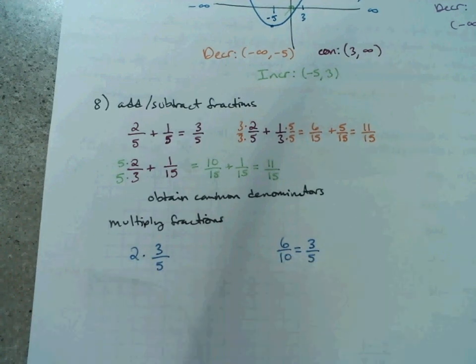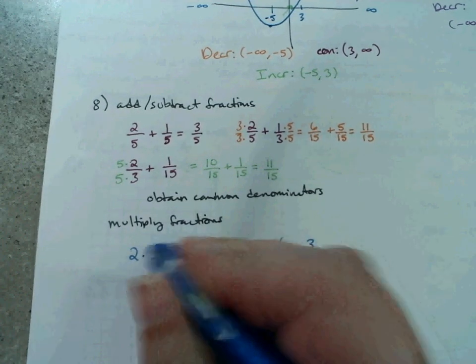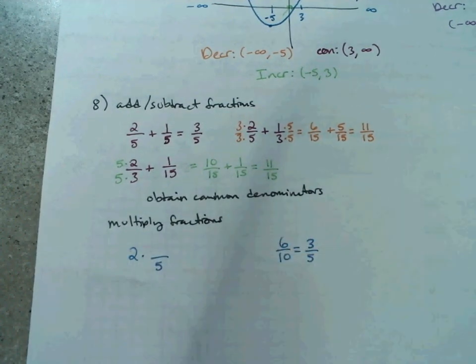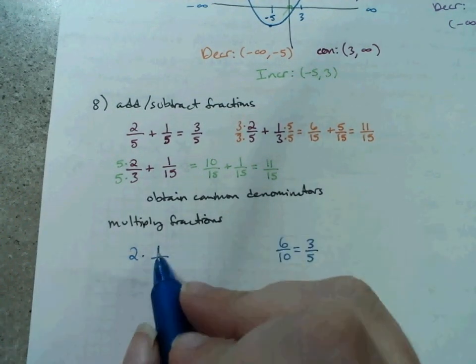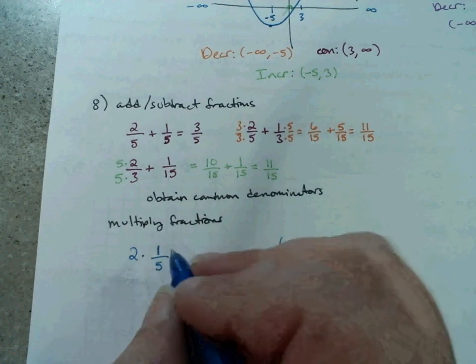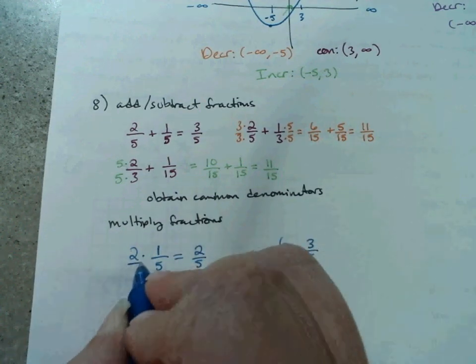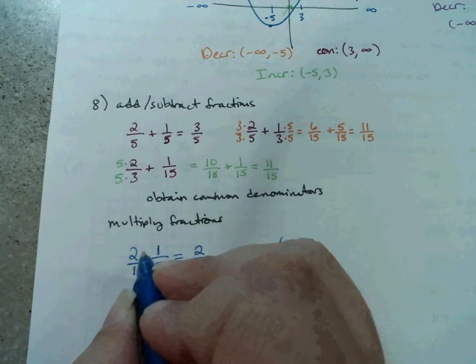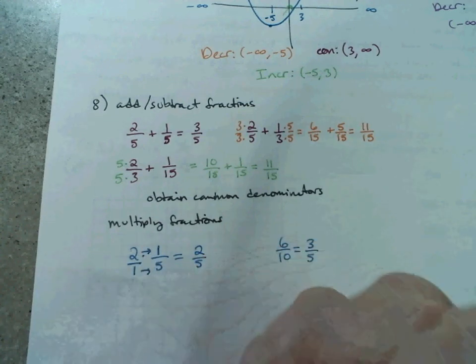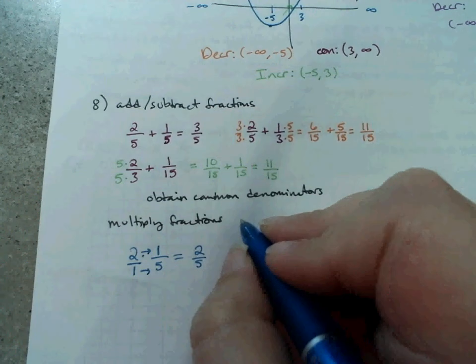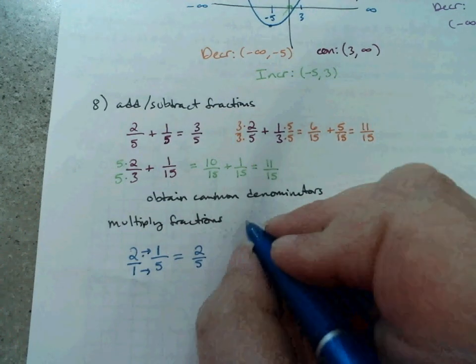So in fact, when you multiply 3 out of 5, well, I'm going to change that to 1 out of 5, just to make it a little easier to understand. If I had 1/5 of something and then I doubled that, then I should have 2/5 of it, right? Which is why you actually multiply by 2 over 1, and you multiply numerator with numerator and denominator with denominator. Okay?